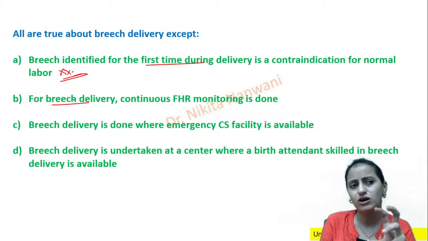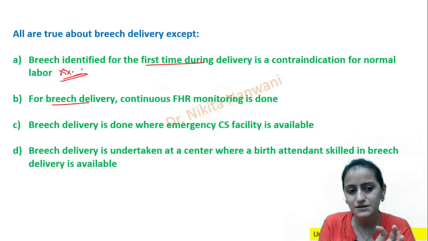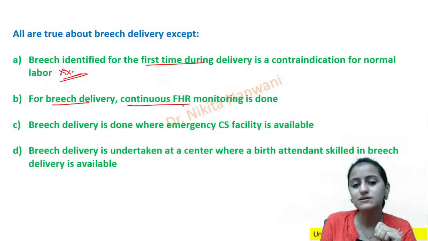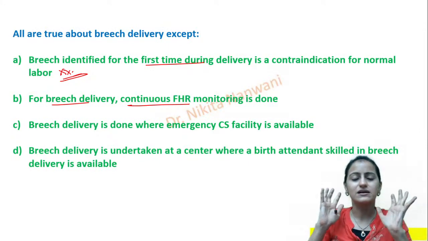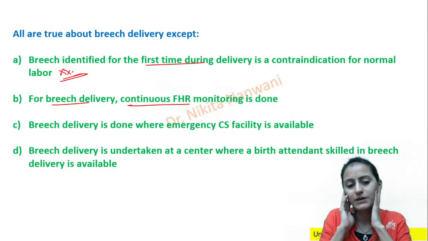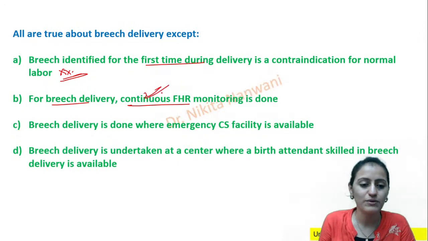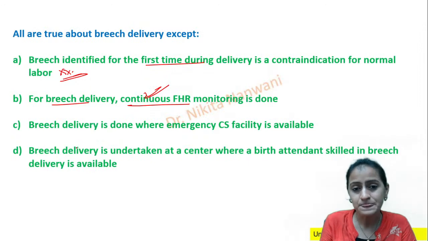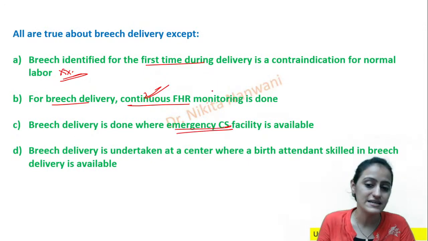Breech delivery of course has more high risk as compared to cephalic presentation. So continuous FHR monitoring is done, because in breech the last part that comes out is the head of the baby. If that gets stuck, there can be complications. All this requires continuous FHR monitoring. If the head is stuck, we need a facility for emergency cesarean section.